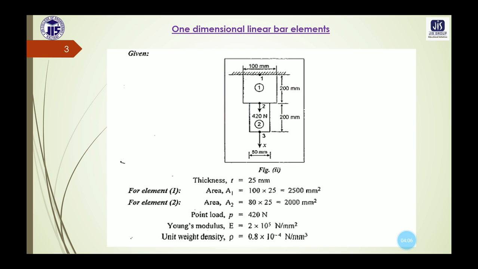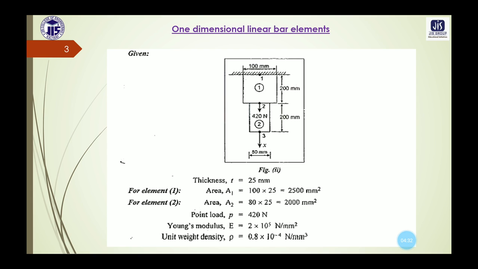Now for these 3 nodes we need to calculate the displacement, and for the 2 elements we need to calculate the stresses due to the application of the force of 420 Newton. So this is the numerical that we need to solve, and these are the data which are given in the problem.